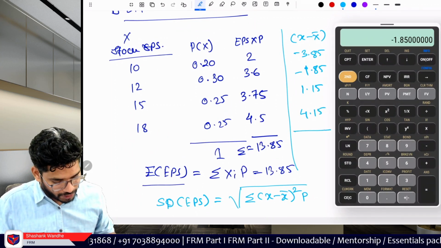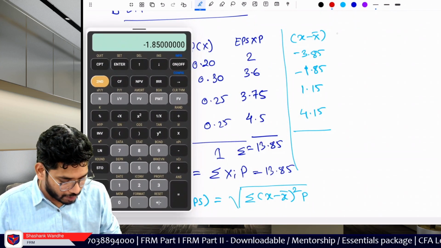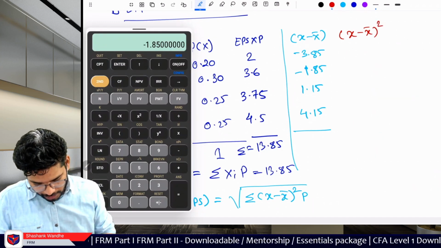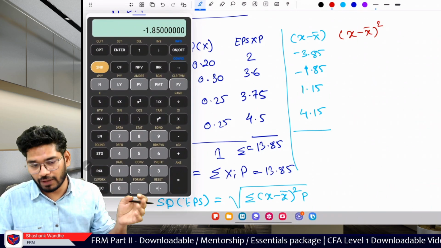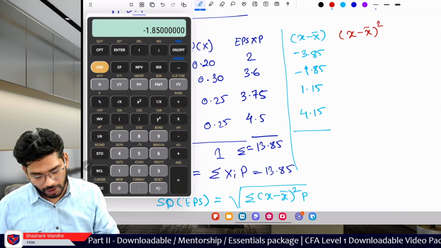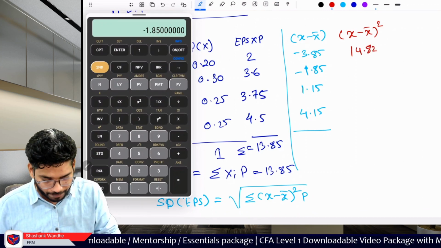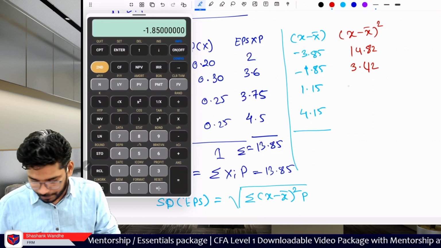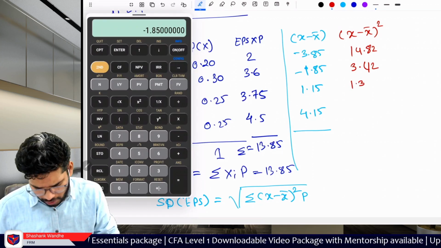So these are the values, and the next step is to square them, x minus x bar square. So you have to square 3.85, then 1.85, 1.15, and 4.15. I will simply note down the values which are available with me. So 14.82, then we have 3.42, then 1.32.